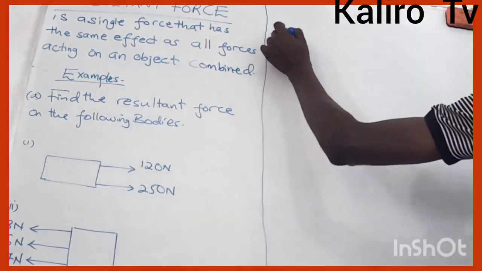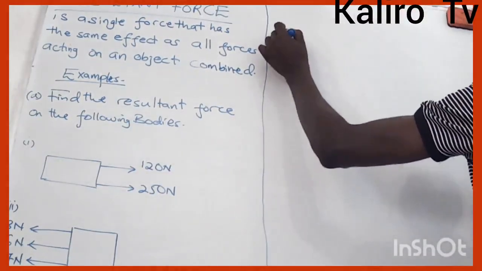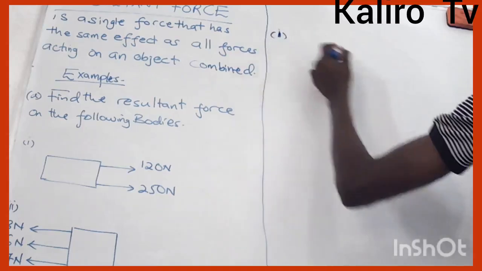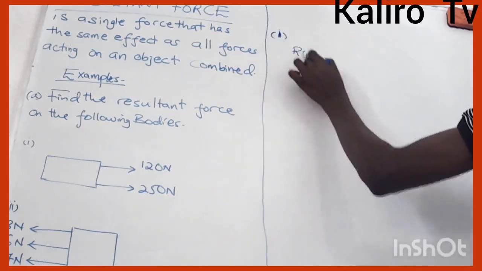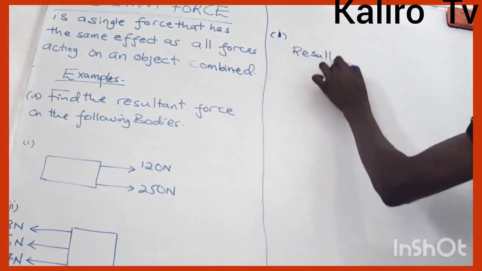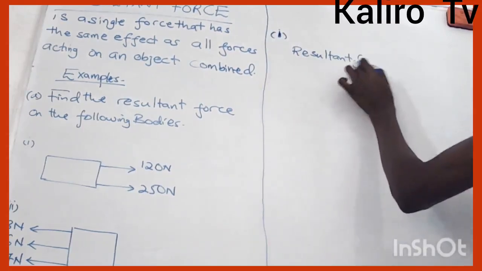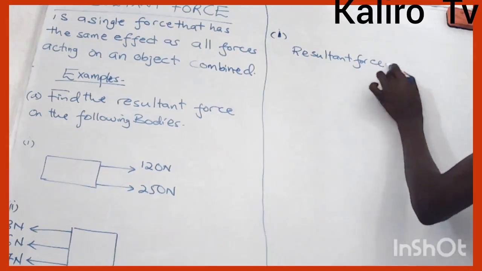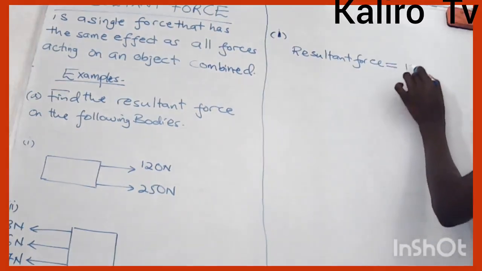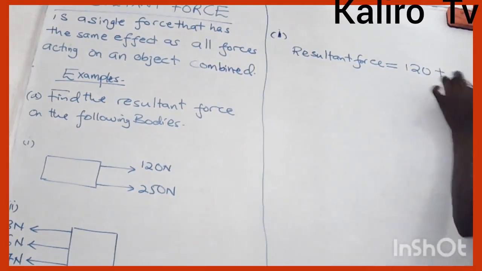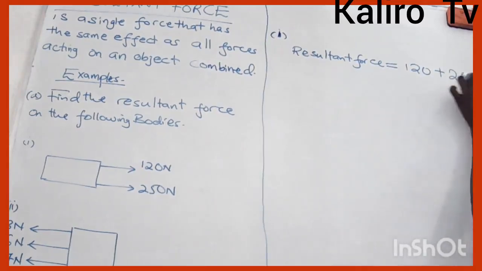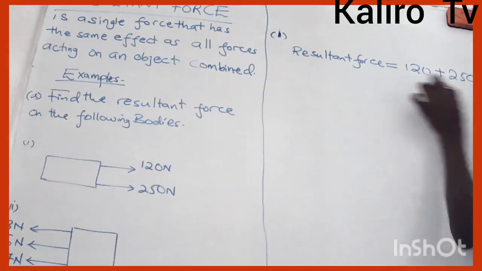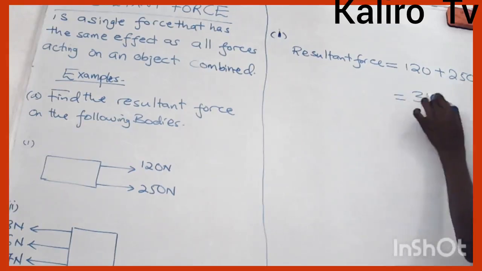So for number 1, we shall have the resultant force as the total of the 2 forces, 120 plus 250, a total of 370.